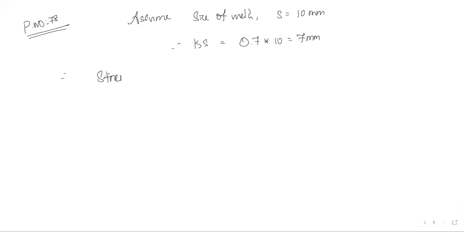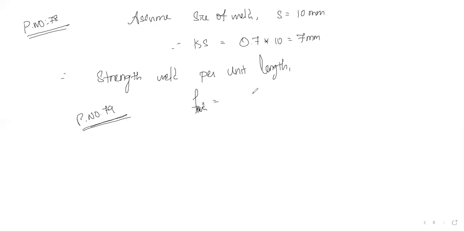Therefore, strength of weld per mm length, or per unit length, F W D. This formula is available in page number 79 of IS 800. So F W D is equal to F u divided by root 3 into gamma M W. If it is a shop weld, then gamma M W value becomes 1.25.